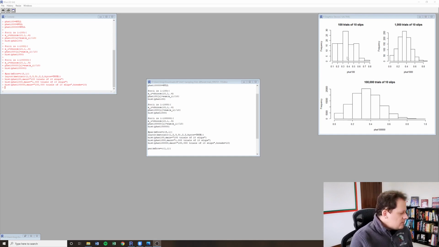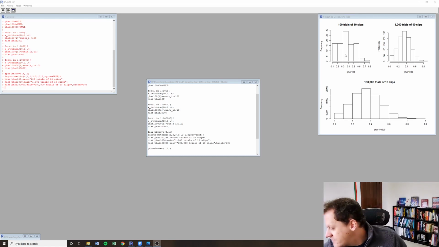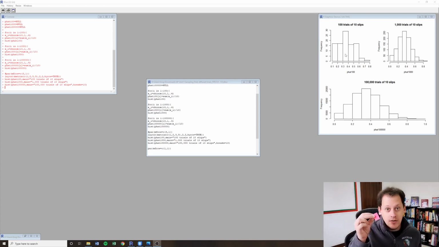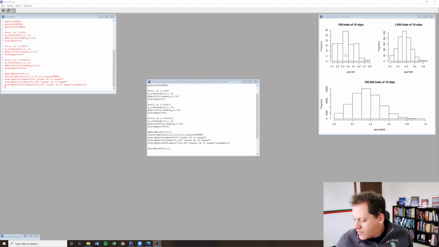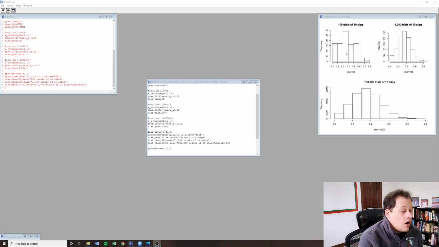I want you to see that there is a difference between making a histogram of individual data values and these histograms. The data that are making up these histograms are not individual data values. They're not whether an individual slip of paper is a 1 or a 0. The data values here are sample proportions for samples of size 10.